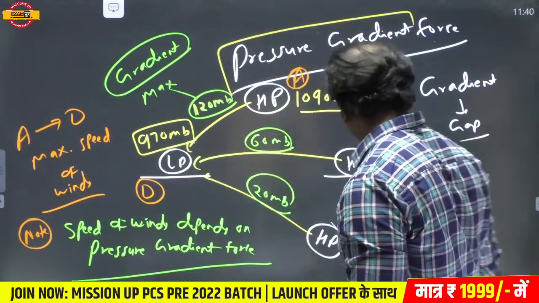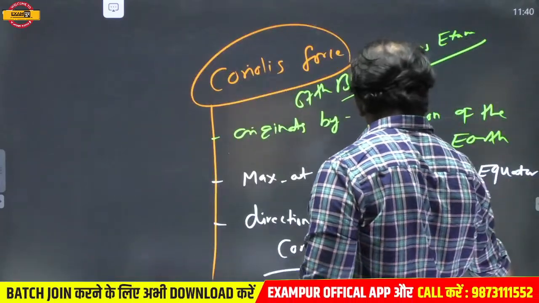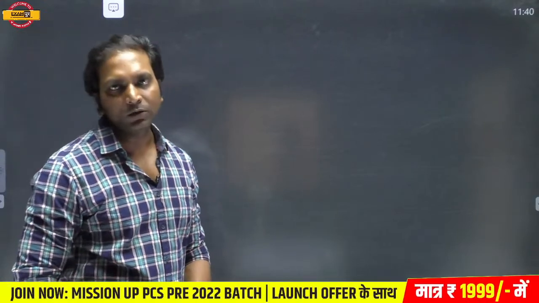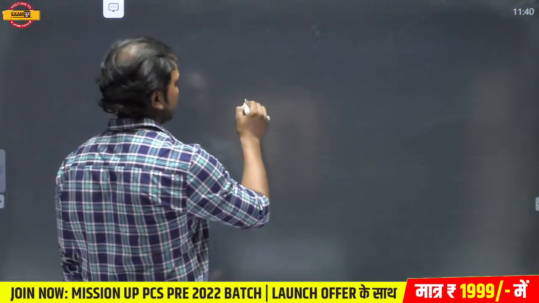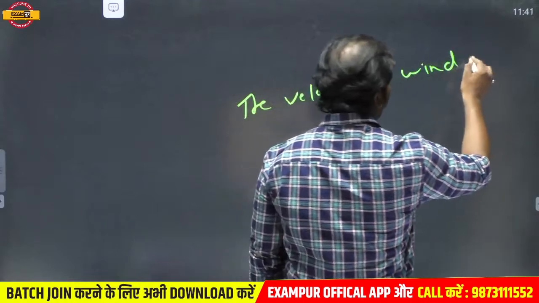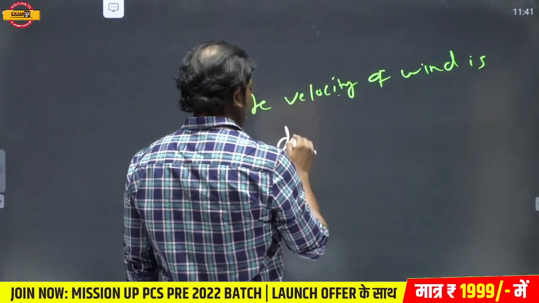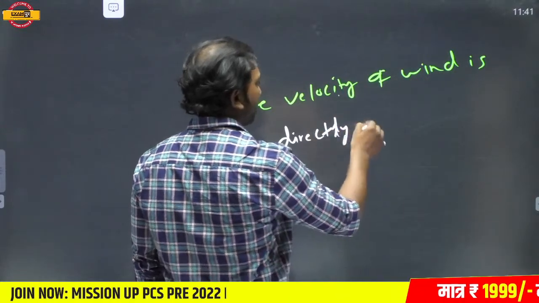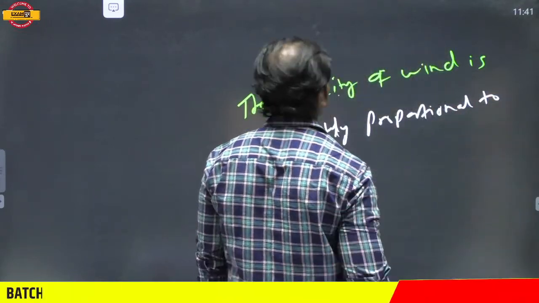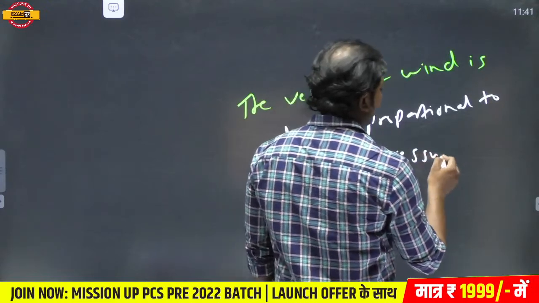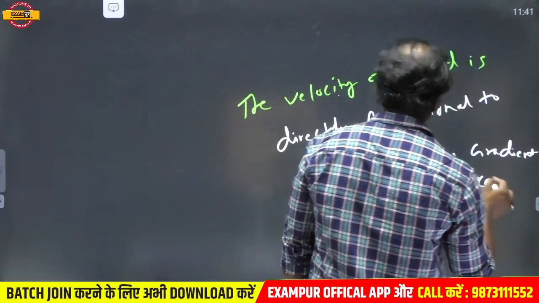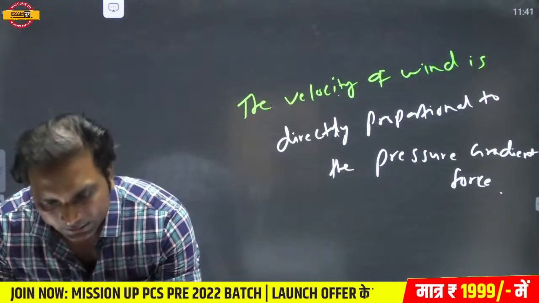The same thing you can write down in a different manner: the velocity of winds is directly proportional to the pressure gradient force. Okay. Is it clear?